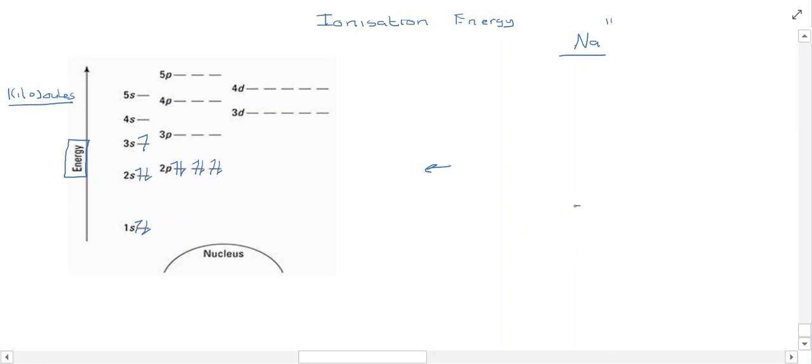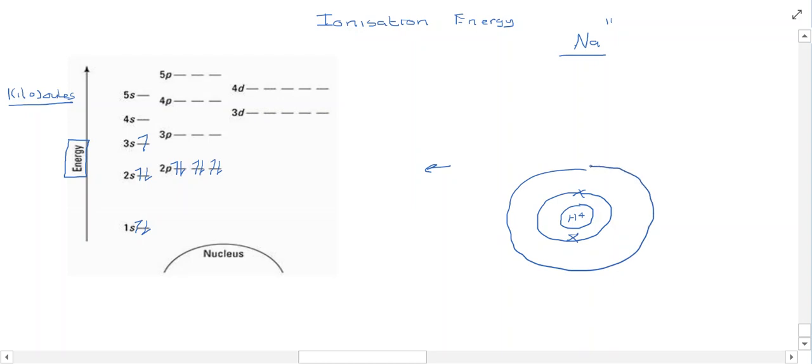You can have, for example, 11 plus, then 2 electrons here, and then the 8 electrons here, and then you're going to have the 1 electron out here.